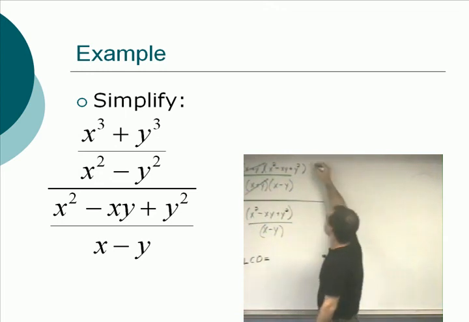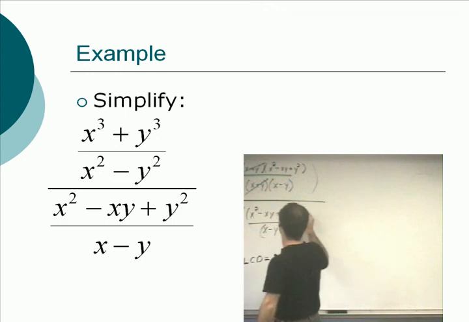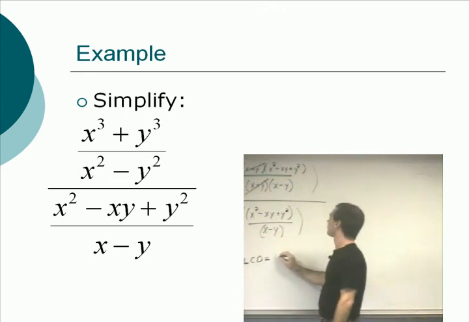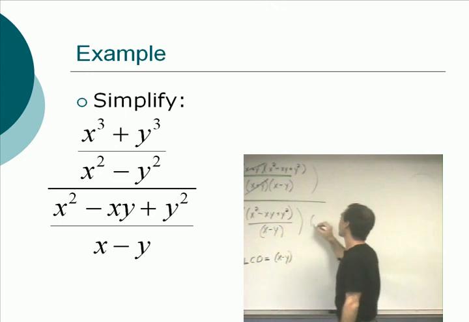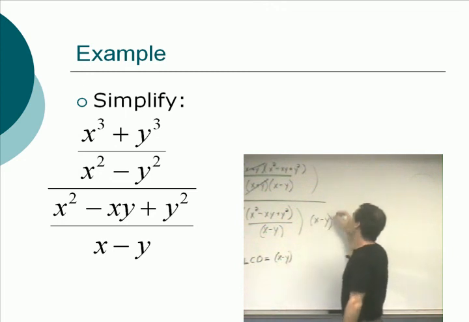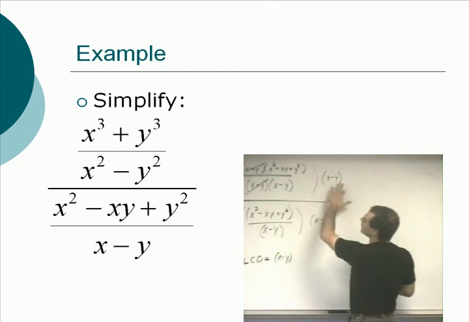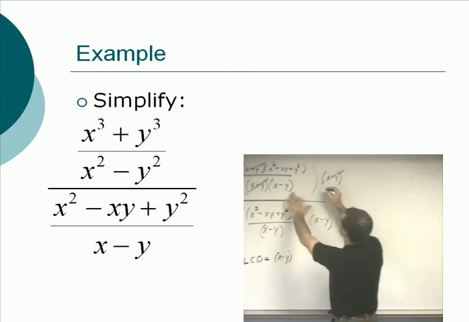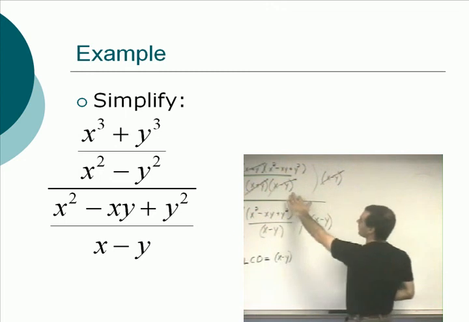Your alternative is to multiply them both by the LCD, which is x minus y, and this is just beautiful. What do you get? What happens here? They cancel. How about these two?